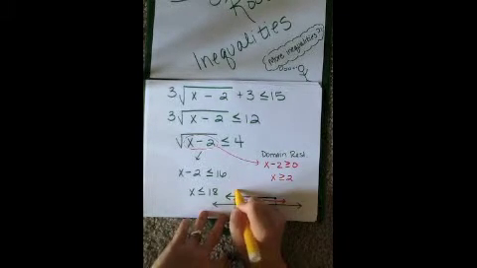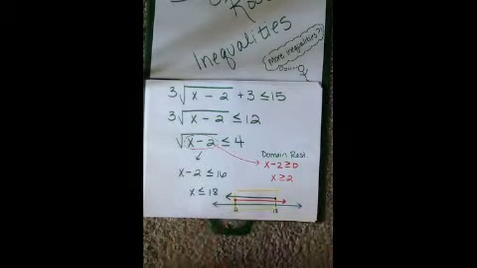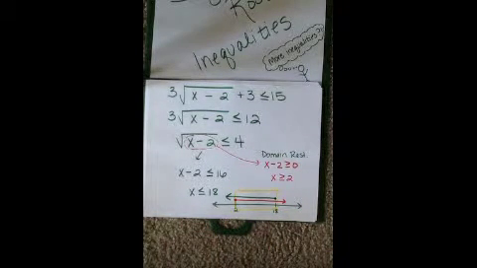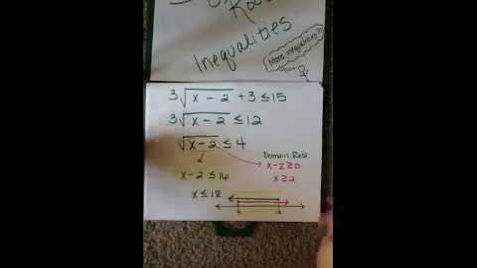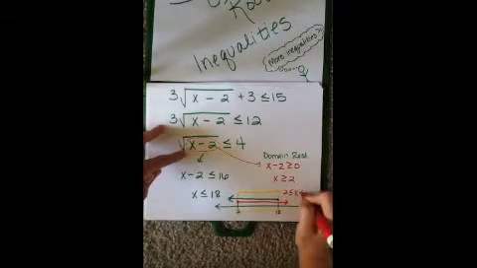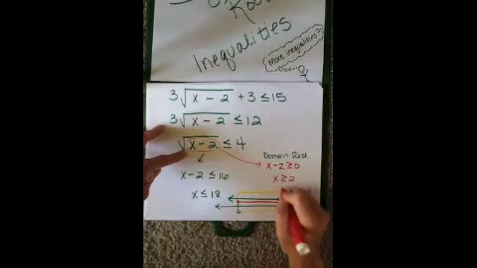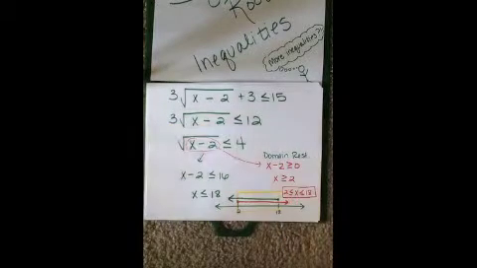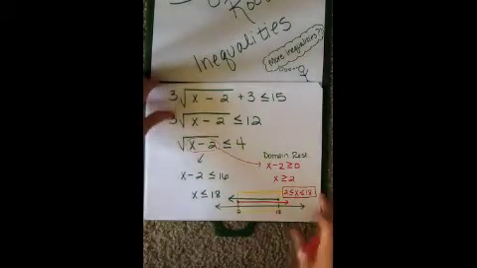So this right here is my answer. Compound inequality, x is between 2 and 18. Answer. So, with square root inequalities, a little bit of recap.